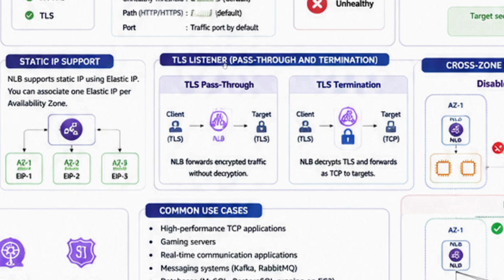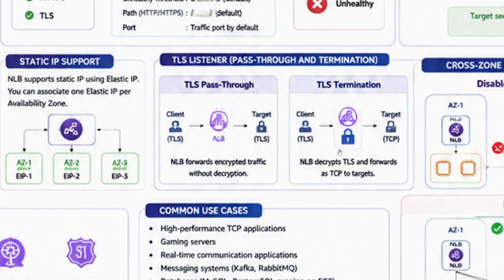Now with TLS or SSL termination, it's basically the client sends a request with encryption in transit using the TLS certificate. It comes to the network load balancer. Now the network load balancer has two options. It can directly forward the traffic as it is without decryption, and that is called pass through.